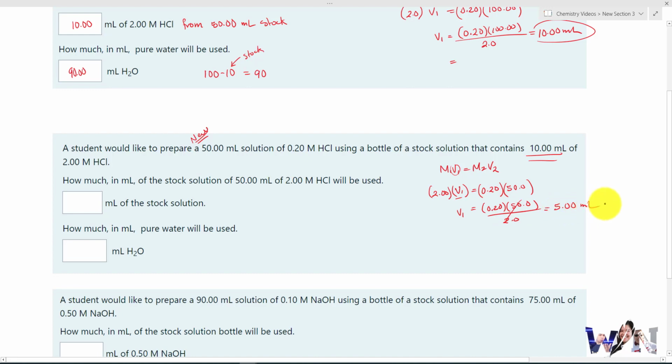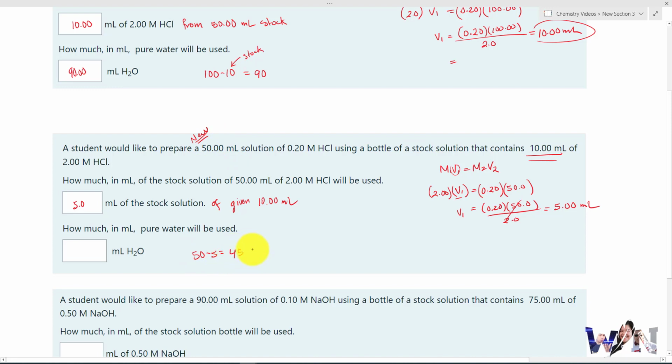There you go. Isn't that nice? Now, we are going to use 5 milliliters of the given 10 milliliters. And how much do we want this new volume to be? 50. So 50 minus 5 gives you a total of 45.